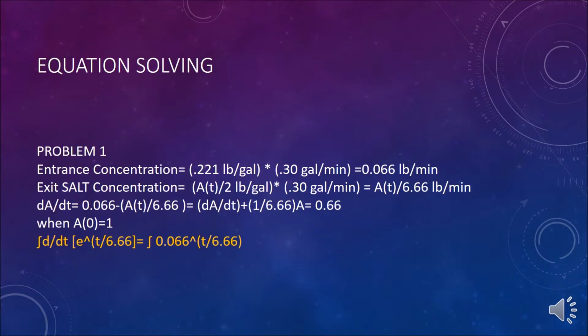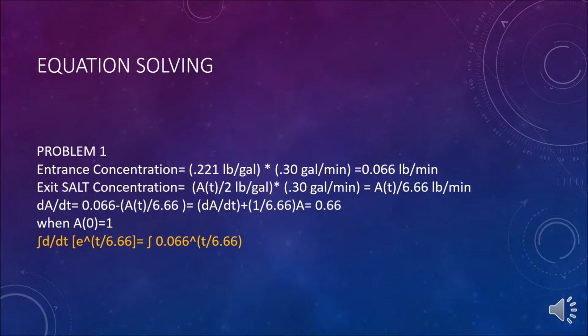The entrance concentration is equal to 0.221 libras, which is the same as pounds per gallon, multiplying 0.30 gallons per minute. That gives us an equal concentration of 0.066 pounds per minute. Then we have the exit salt concentration, which is equal to A over 2 pounds per gallon, multiplying 0.30 gallons per minute, which gives us A over 6.66 pounds per minute.